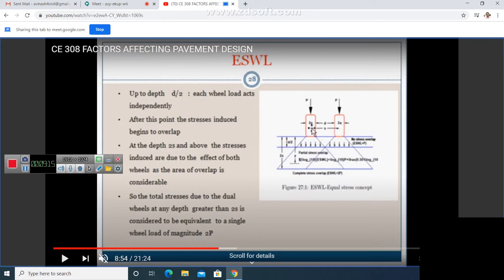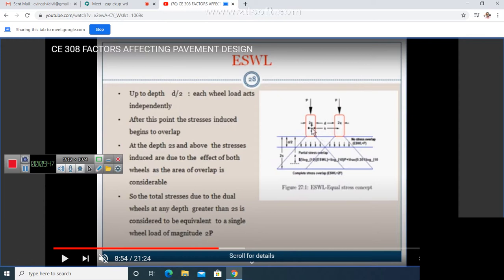You are having two tires. The two tires are spaced at d distance apart, and the center to center distance between the two tires is given as 2S, right? And 2a is the diameter of the tire. Now when you consider the effect of this tire on the lowermost layers, consider this lower strata.